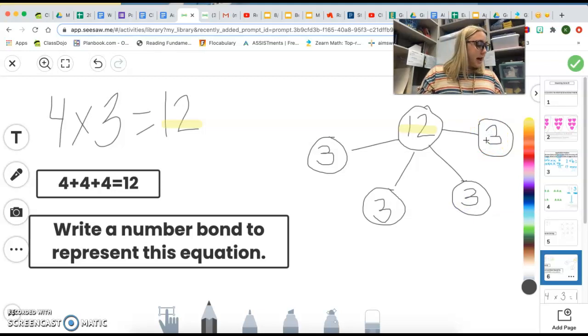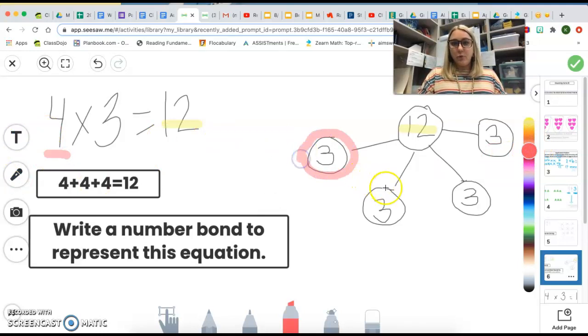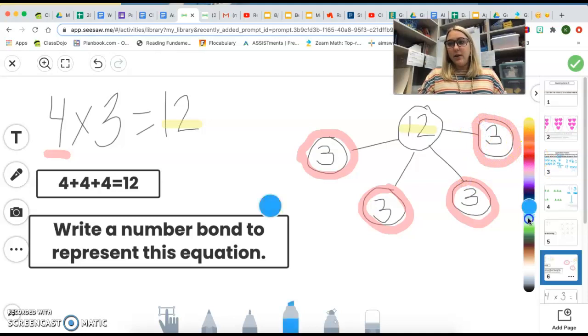Okay, so I have 4, let's look at this. I have 4, those are our circles. The 4 is represented by our 4 circles, right? Because I have 4 groups of 3.